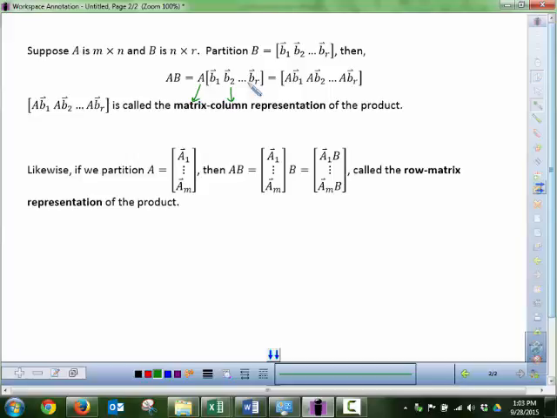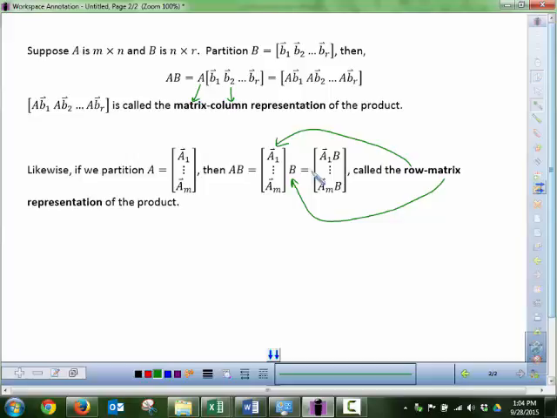The same thing happens over here where you partition A into the row matrices, and then A times B is called the row times the matrix representation. Okay?